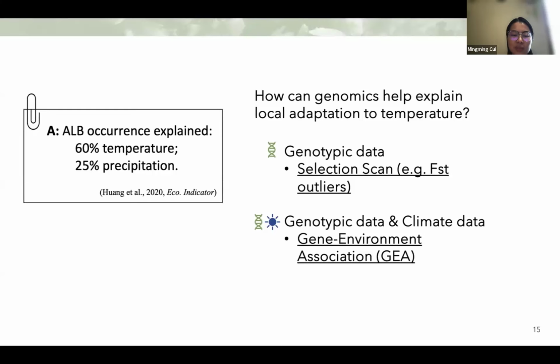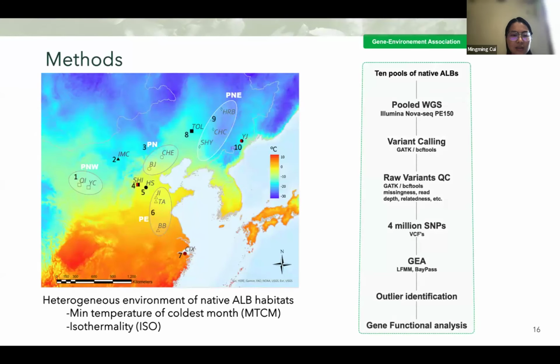First, using genomic data alone, we performed the selection scans to identify outliers putatively under selection. By integrating genomic data with environmental information, we can identify genetic signatures specifically linked to certain variables. In this study, we employed a pooled DNA sequencing strategy.